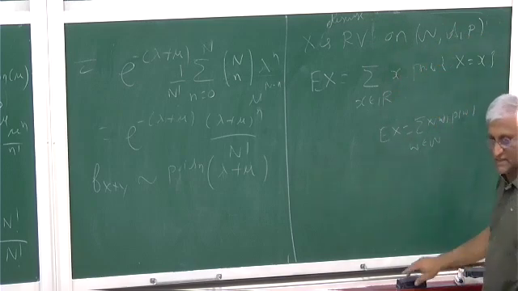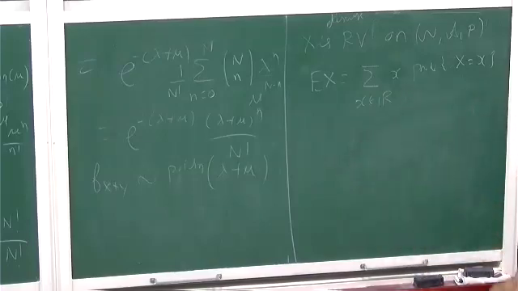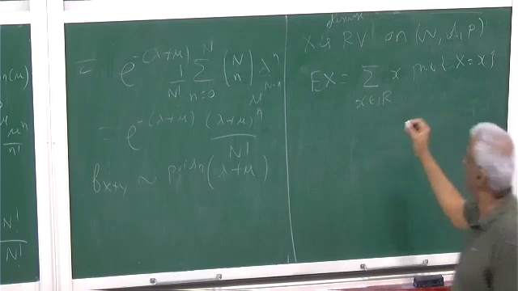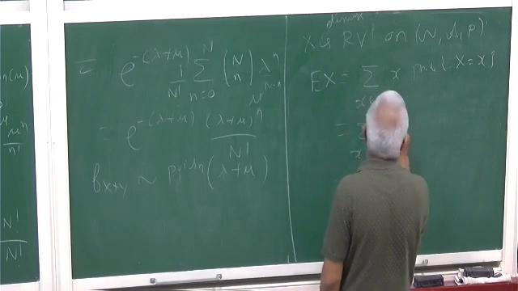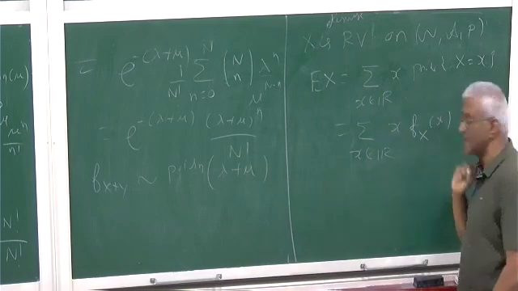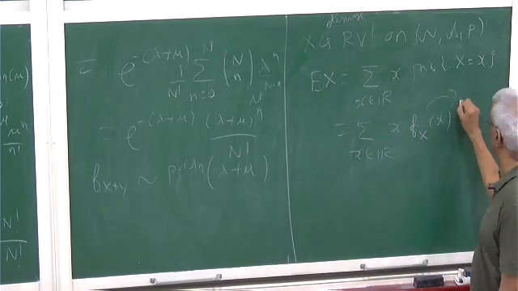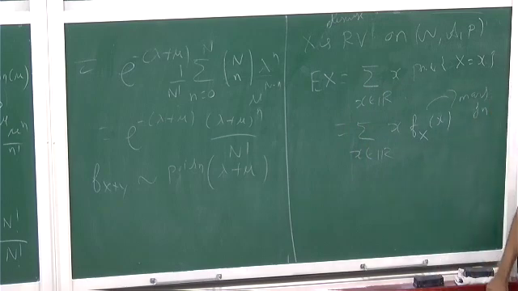This is the definition we want to use, and I assume you are mature enough to deal with this rather than that. Then this is the same as the sum over x in R of x times f of x. This is a density function, mass function. So you don't need the probability space, you only need the distribution.